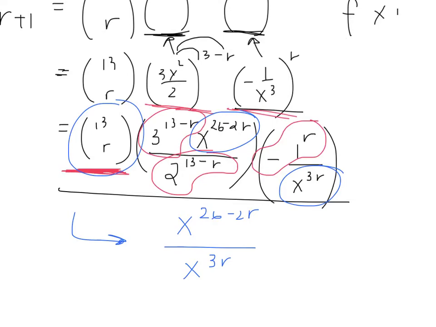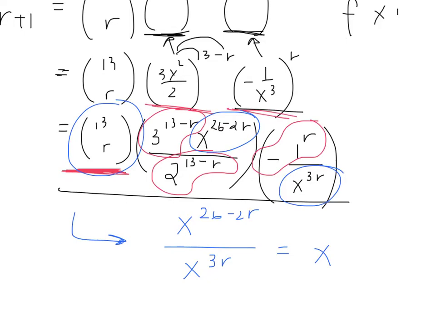So take away everything except the one with x. You get x to the 26 minus 2r over x to the 3r. We're not cancelling them, we're just omitting them temporarily so that we can focus on x. What is this in just an x? What is the property of exponents?